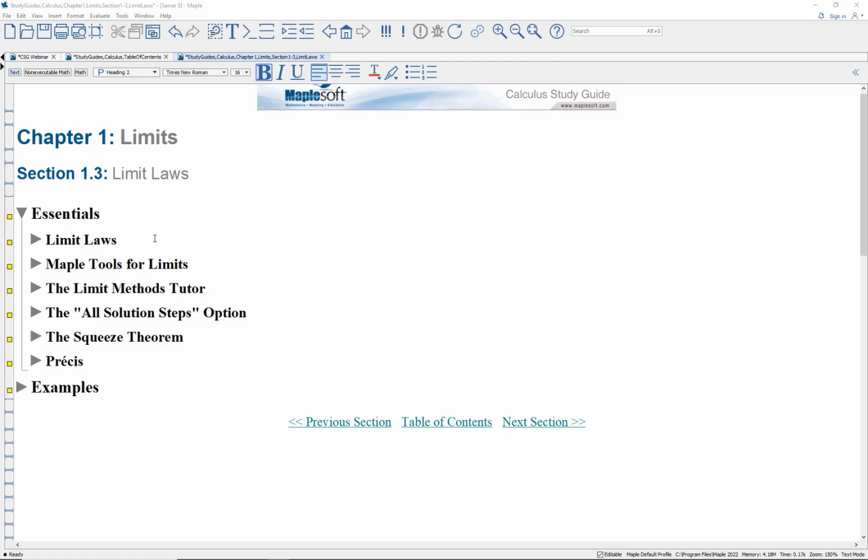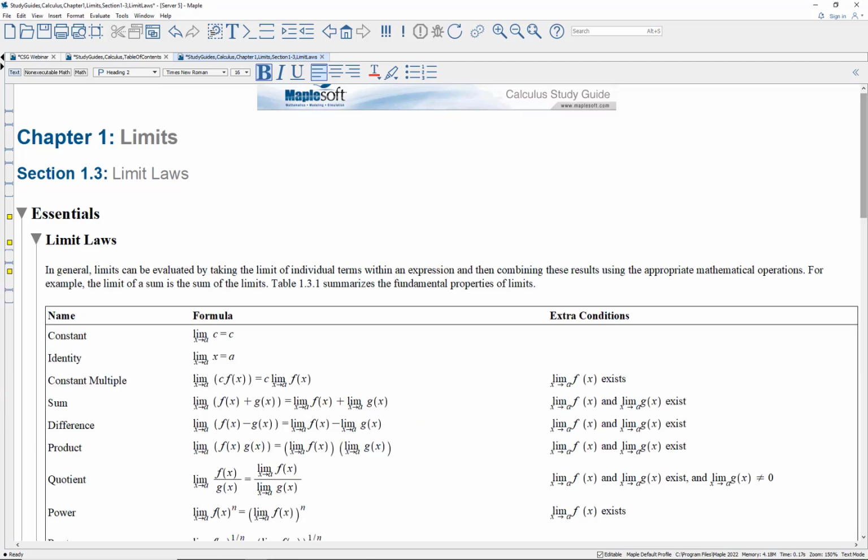Essentials, this is what one would need to have a grasp of to profit from studying the calculus. So the limit laws, some tools in Maple for calculating limits, the limit methods tutor, how you get solution steps, squeeze theorem, limit laws.